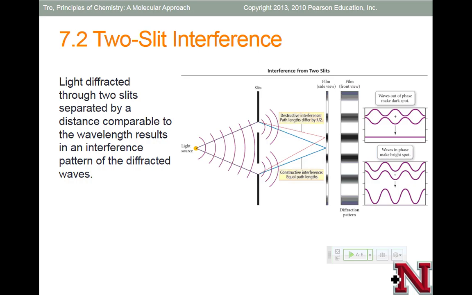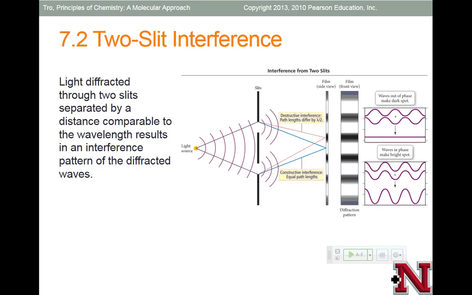But if our wavelength is big enough to reach the two slits, we actually get an interference pattern of the diffractive waves. So some of the waves go through this slit, some go through this slit, and whether we're getting constructive and destructive interference is going to depend on what the wave looked like before, and what our matter is made up of, if we're talking about particles.